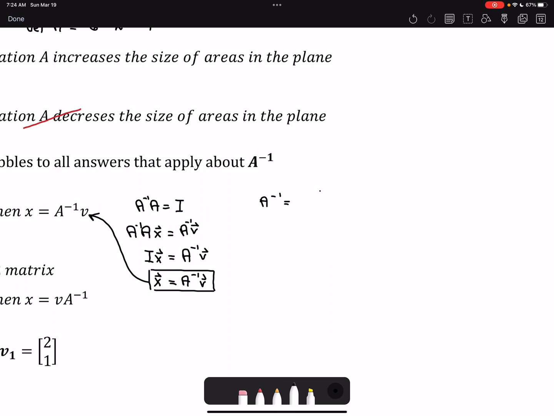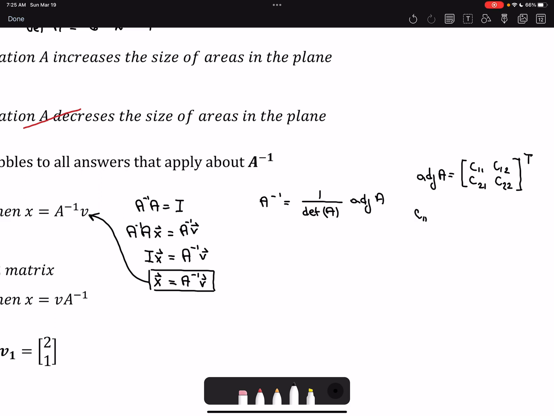The inverse of A is going to be 1 over the determinant of A, which we already have, is 4, times the adjoint of A, where the adjoint of A is the matrix of cofactors C11, C12, and so on, transposed.